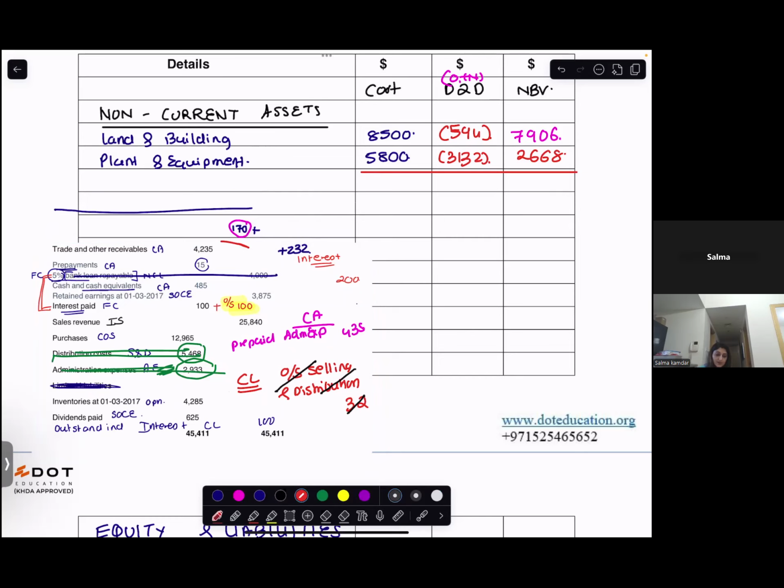Please give me the totals. For the non-current assets, it is 10,574. That is the net book value. Could you give me the total as well?